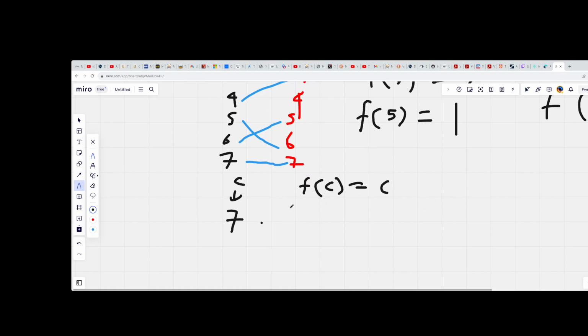Now we're dealing with the 6 other remaining numbers, because we already know what the mapping for f of c is. In the 6 other numbers, let's say all of them also map to c. How many ways are there for that to happen? Well, there's exactly one way.